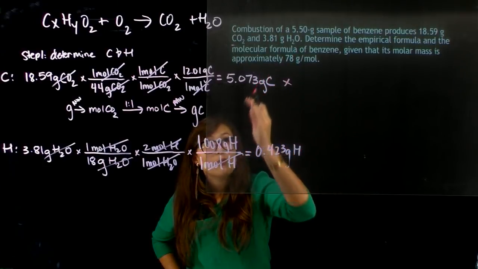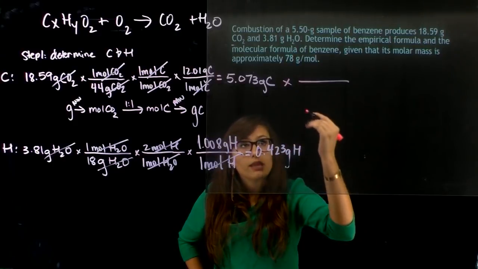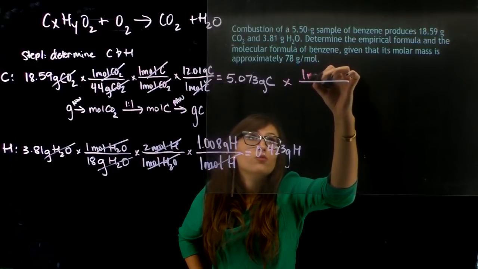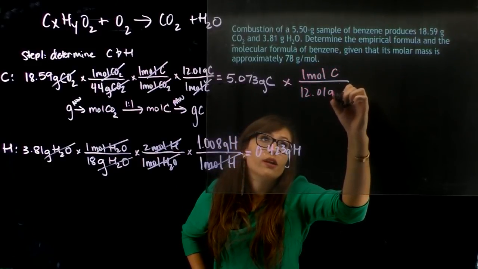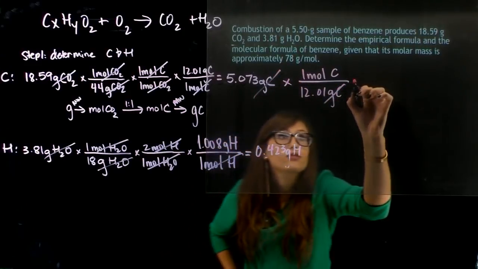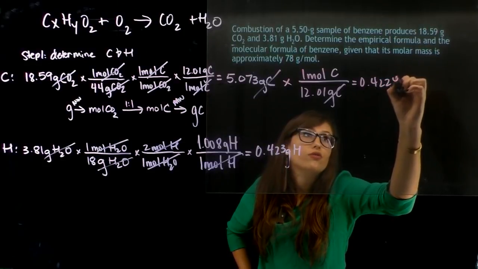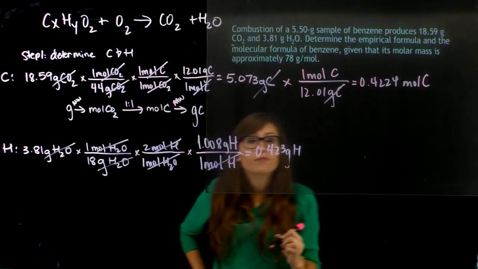And so in order to go from grams to moles, we multiply by the reciprocal of the atomic mass. So in the case of carbon, it's 1 mole of carbon per 12.01 grams of carbon. Grams and grams cancel, and we end up with 0.4224 moles. Sorry, moles, not masses, of carbon.